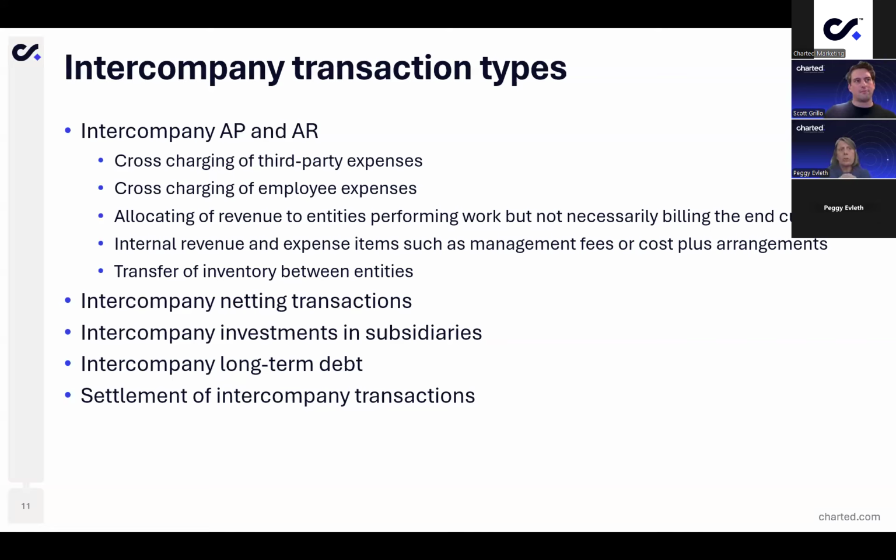Now, you've also got, of course, your investment subsidiaries and long-term debt potentially. So those need their own accounts with appropriate investment subsidiary, frequently long-term asset. The flip side is going to be in the equity section of that receiving entity, unless it's structured as a long-term debt instrument between both parties.